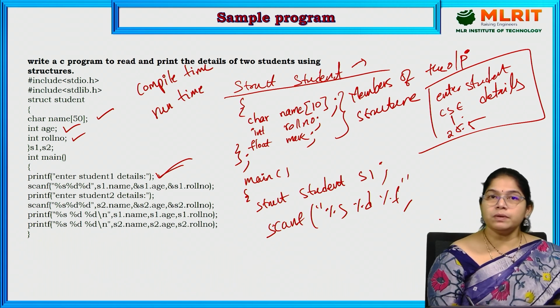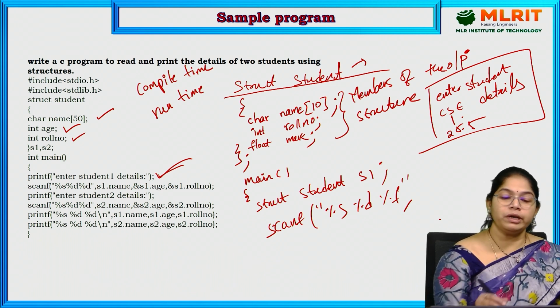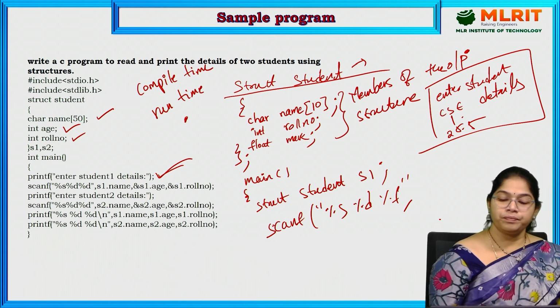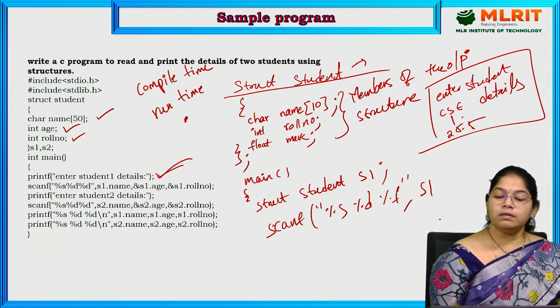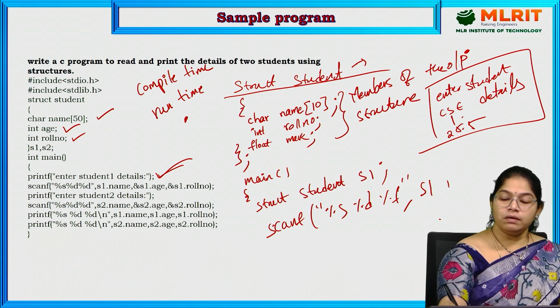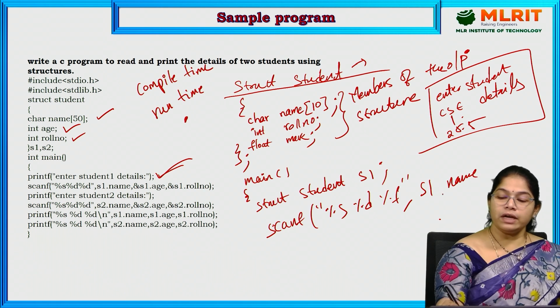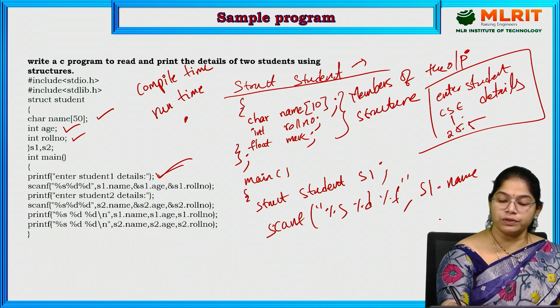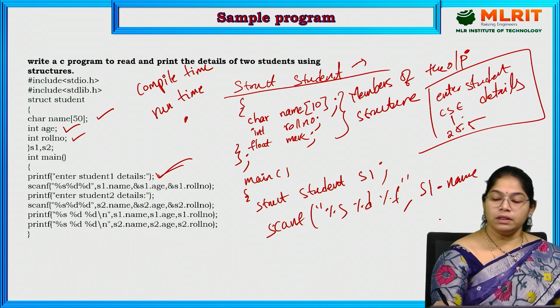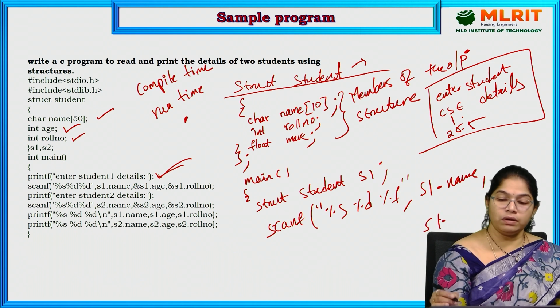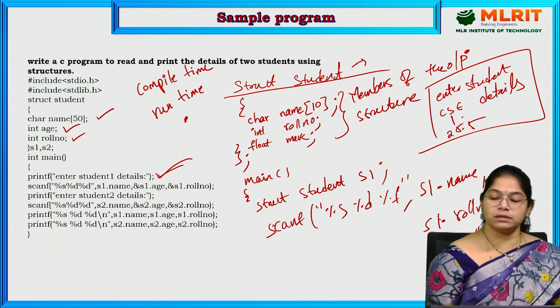To access members of the structure, we have to use an operator called the dot operator. So S1 has a name. To access this member of the structure, we use dot. Then S1 dot roll number, then S1 dot marks.